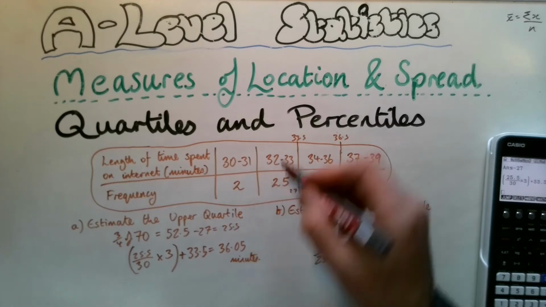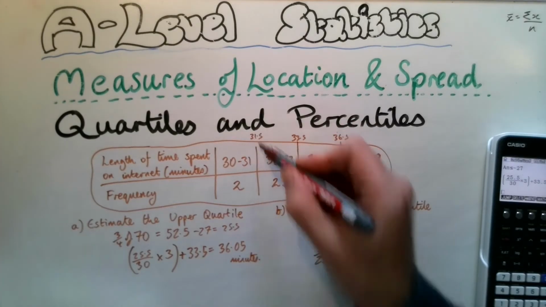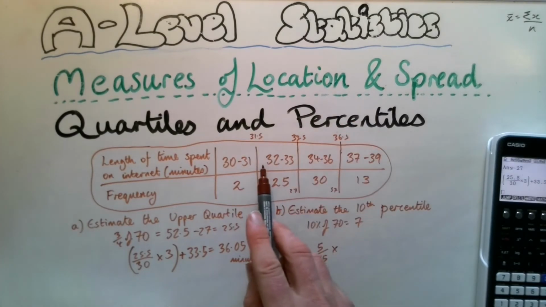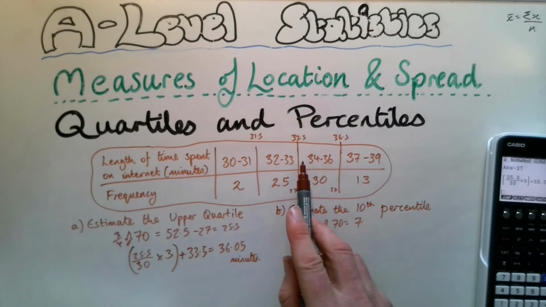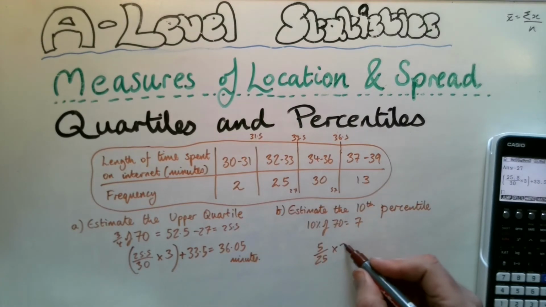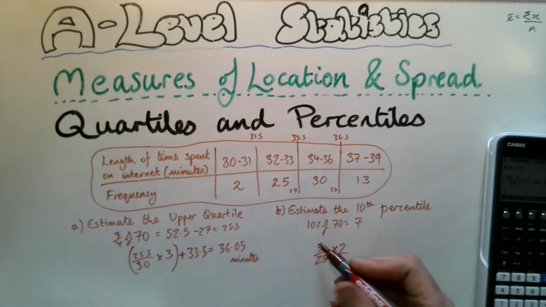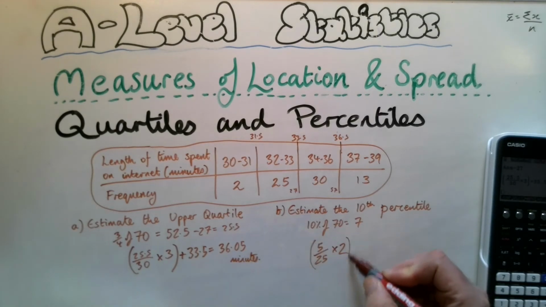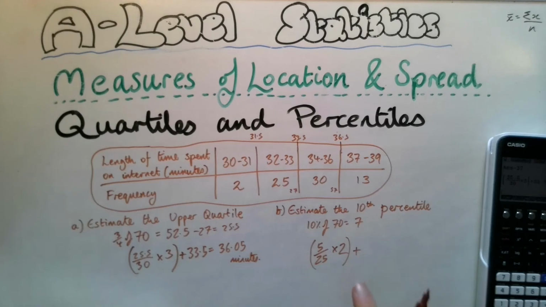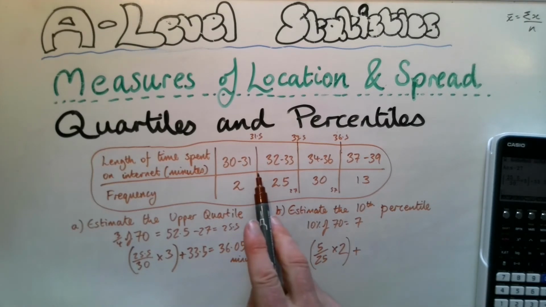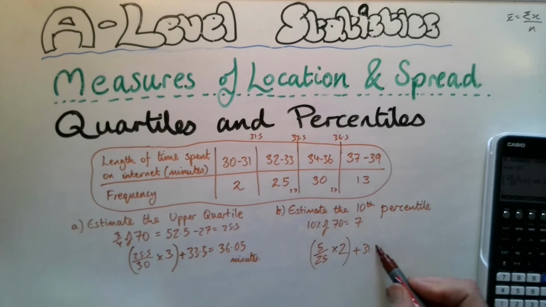Times, what's this group width? That's going from 31.5 up to 33.5. Well, that's only 2 that time. So I want 1/5 of 2, which we kind of know is 0.4, but anyway, hold with it. And I'm going to add that to my starting point for this group width, which is 31.5.